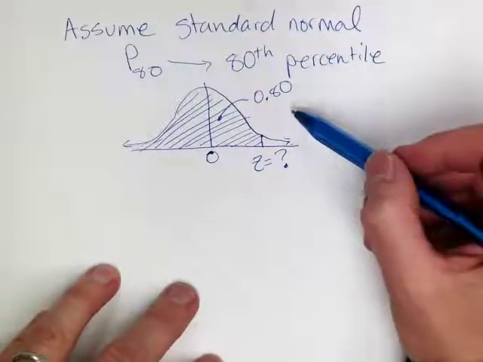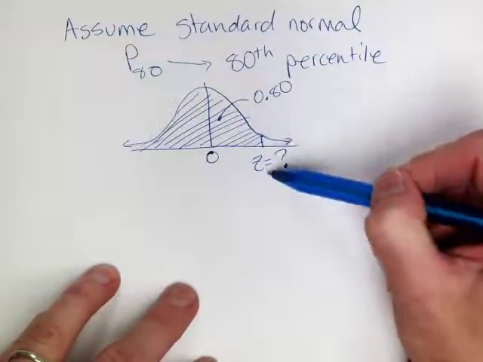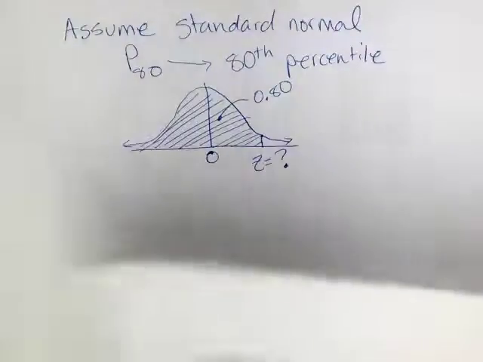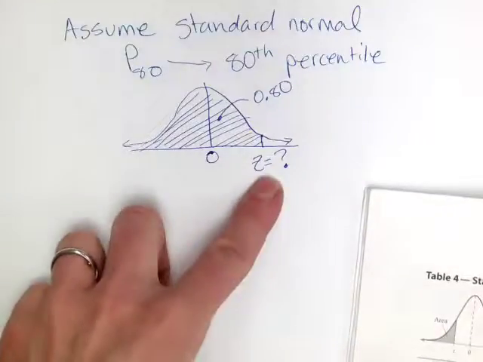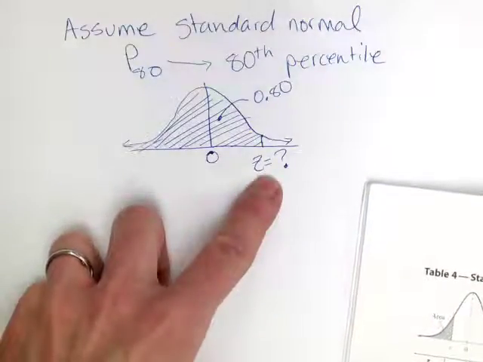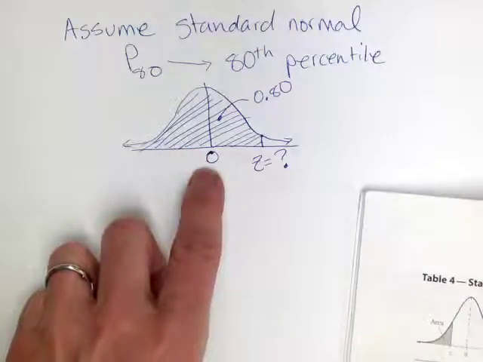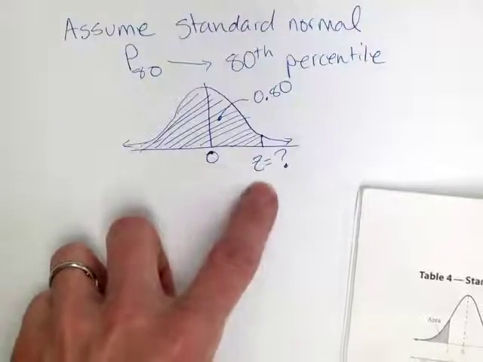So in this problem, we're given the area first, and then we want to get the corresponding z-score. On our standard normal table, I need to go to the page where the z-values are positive, because any z-score that has a corresponding area above 50% is going to be positive.